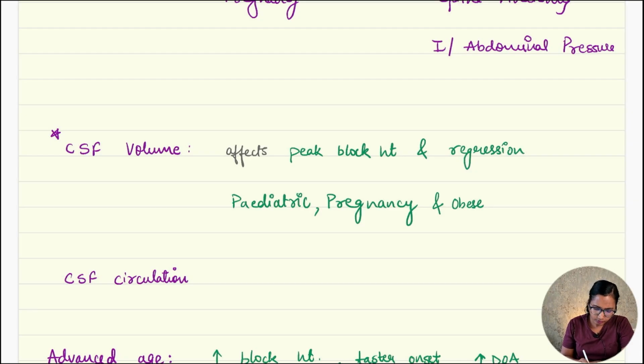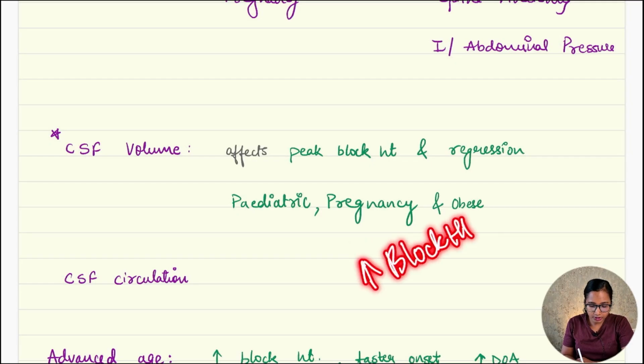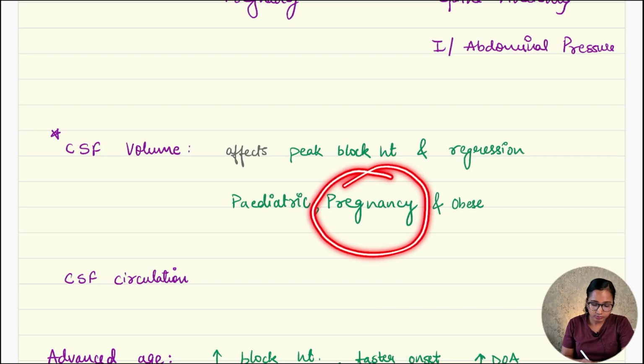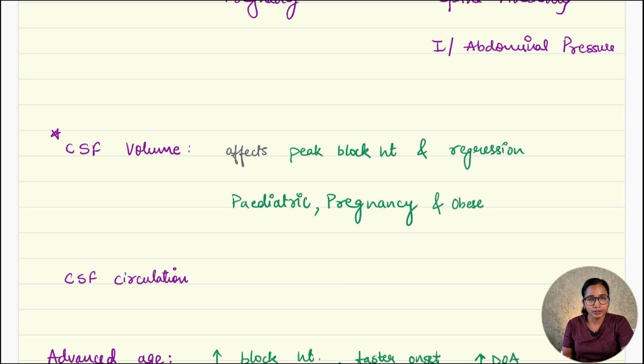Pregnant patients have increased intra-abdominal pressure, leading to decreased CSF volume and increased block height. So we have to give a little less volume of drug or less drug so that the spread is not high, or the patient does not get a high spinal.